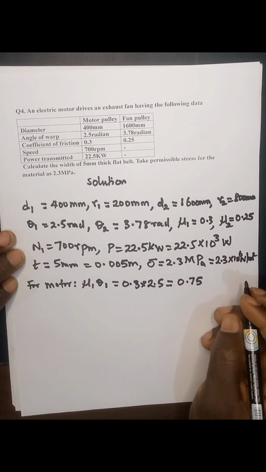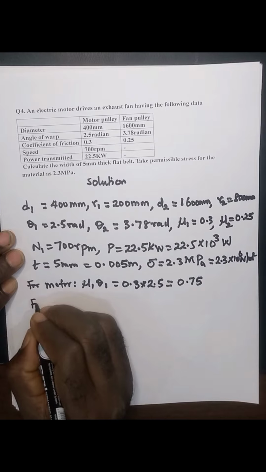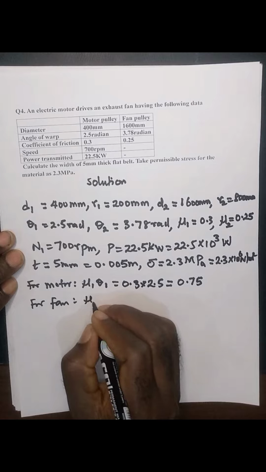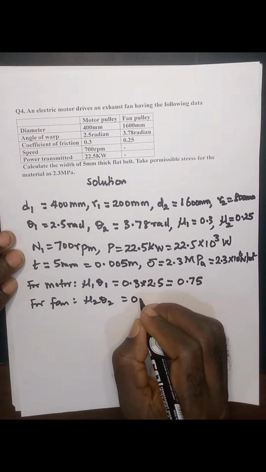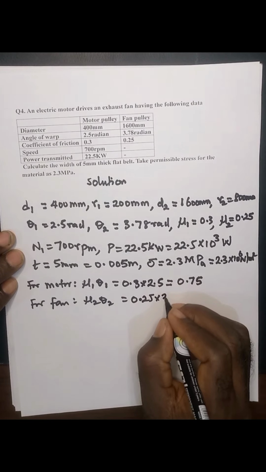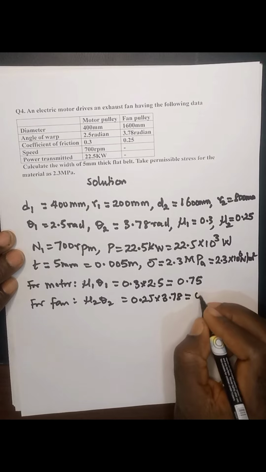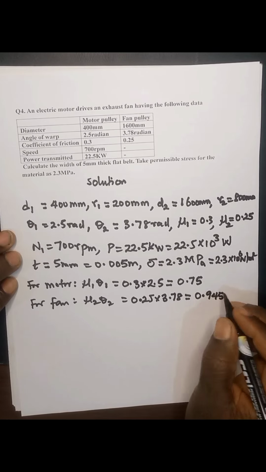Then for the fan, we have mu2 θ2, which is equal to 0.25 multiplied by 3.78, which is equal to 0.945.